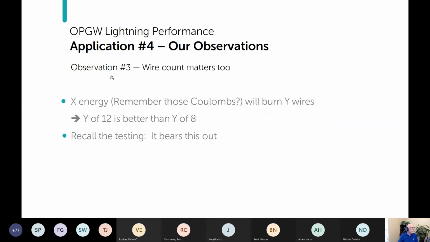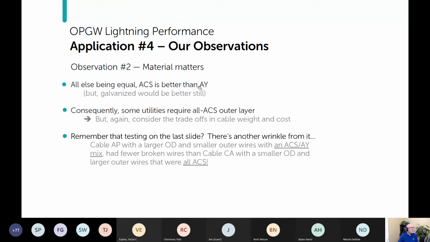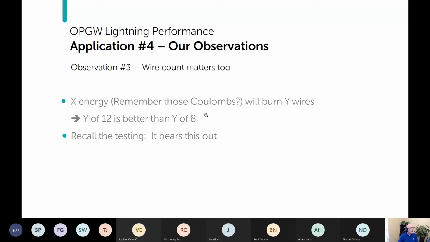So what you can think from these two observations is that there's actually a third thing going on, and that's that wire count matters. Because the cable with the larger OD and the smaller wires had a higher wire count. The underlying issue is that X amount of energy, coulombs again, will burn Y wires.